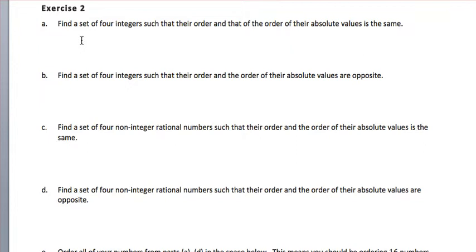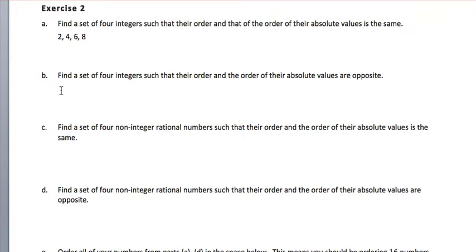And so your answers may vary, but in order for the order of the integers and the order of their absolute values to be the same, they must be positive numbers and or 0 included in the set, but they cannot be negative. So for example, I could say 2, 4, 6, and 8, and their absolute values would have the same order as well.